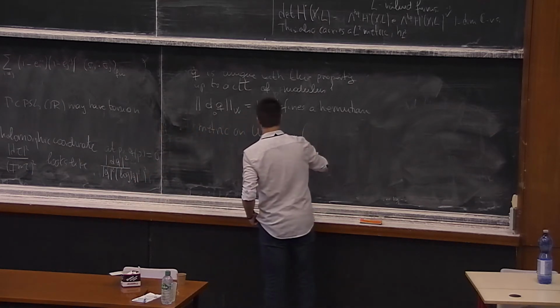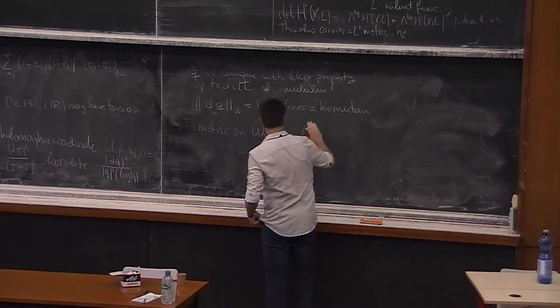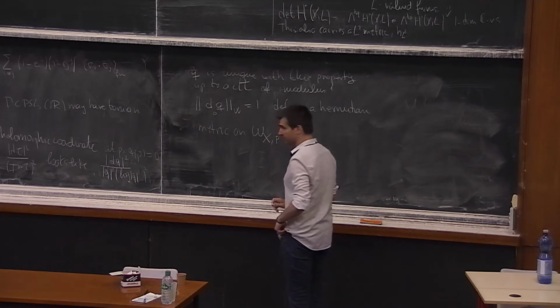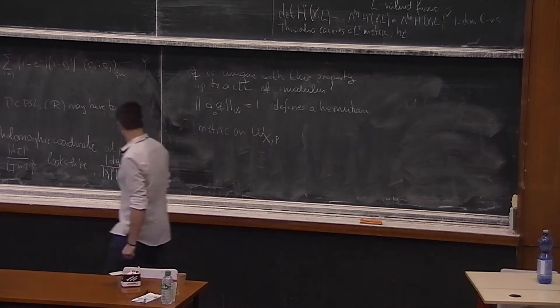So this is what d_0 q means. So this is the Wolpert metric in this case. This is the one that Wolpert introduced.